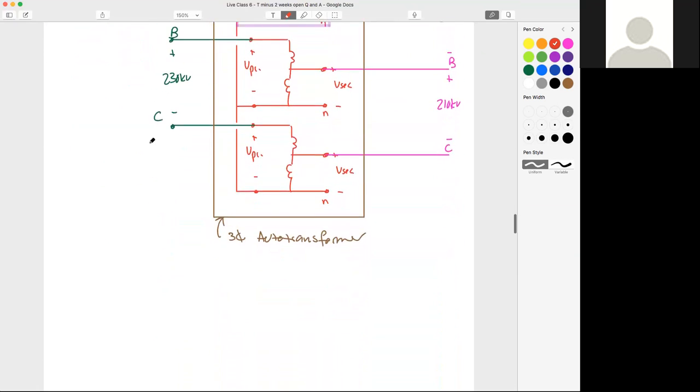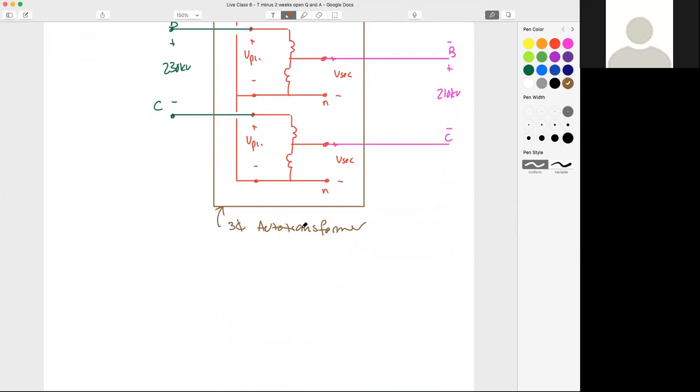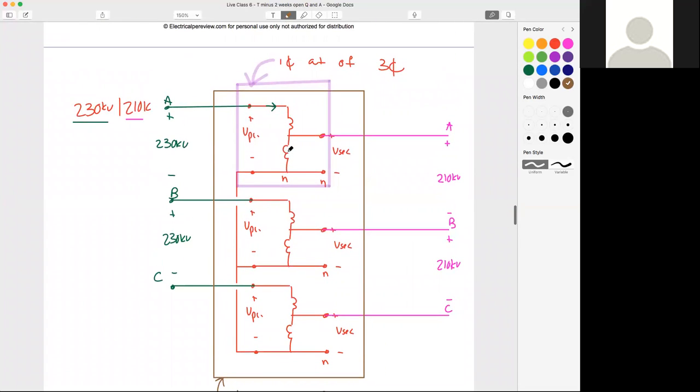So if my 3-phase auto transformer is rated for 135 MVA, then when we're looking at just the single phase equivalent circuit, if we had to solve for the currents or anything else going on in the circuit, then our single phase rating would be 135 divided by 3, or 45 MVA.